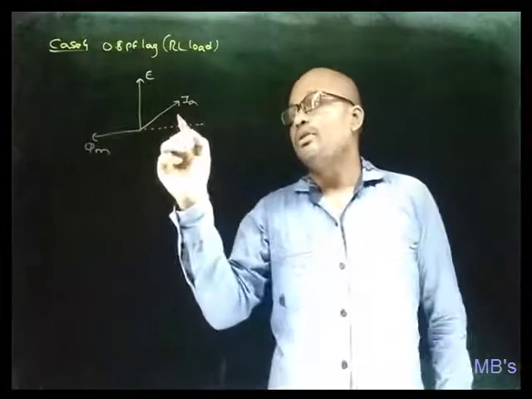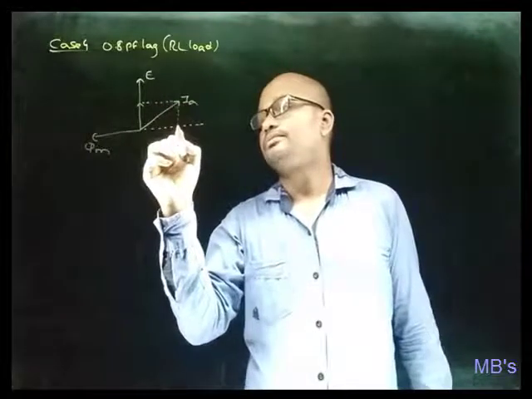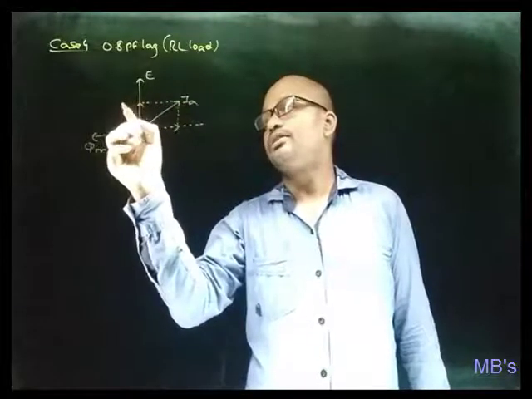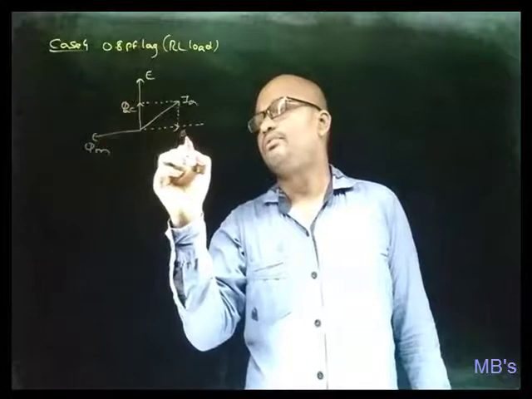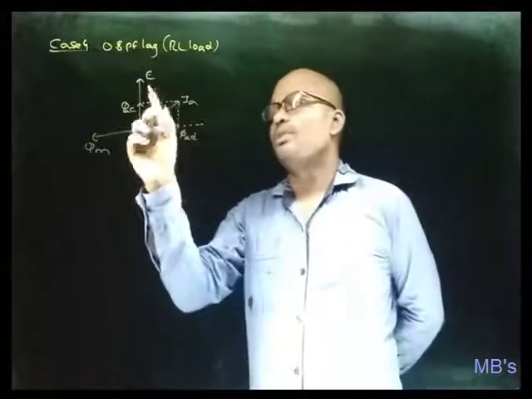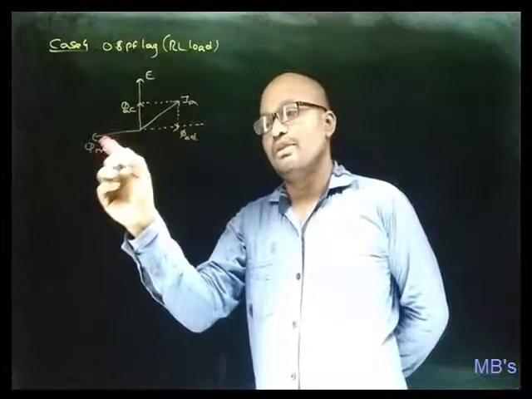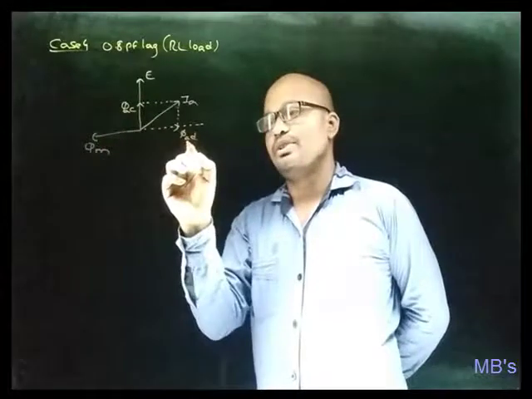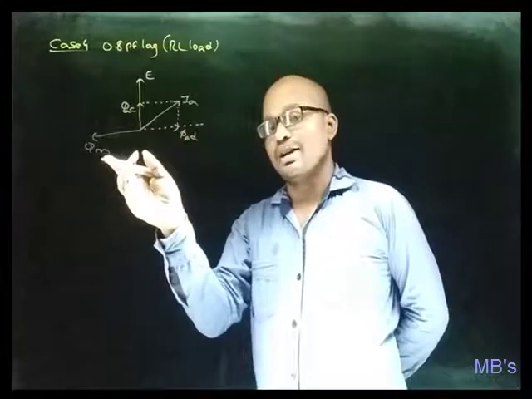So here let us take the components like this, and let these be phi AC and phi AD. This is the component which is cross magnetizing the main magnetic field, and this is the component which is demagnetizing the main magnetic field.